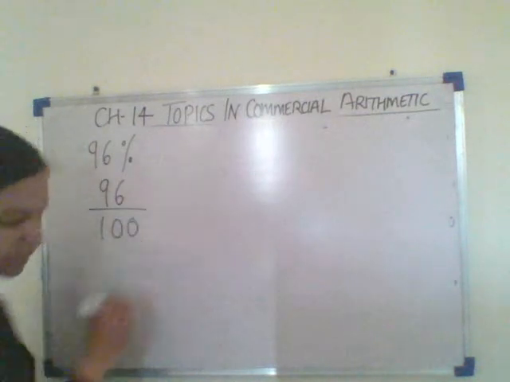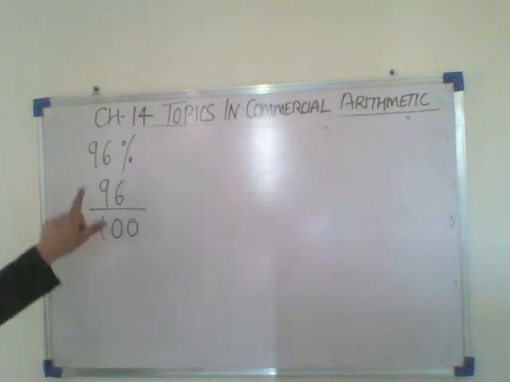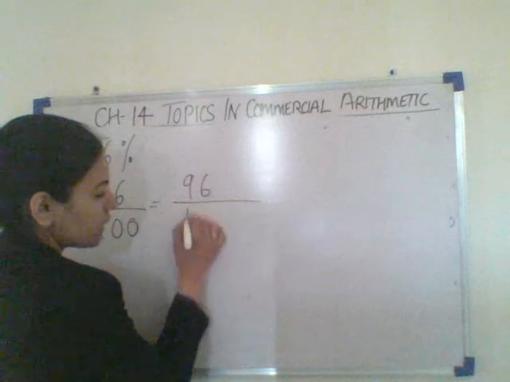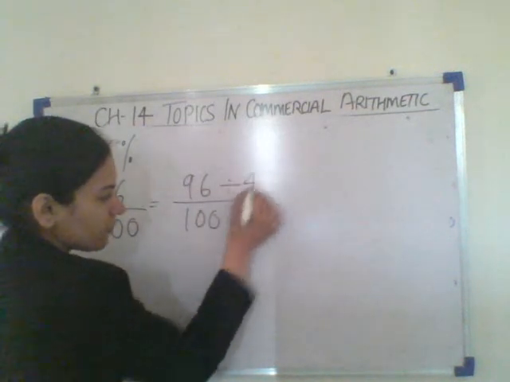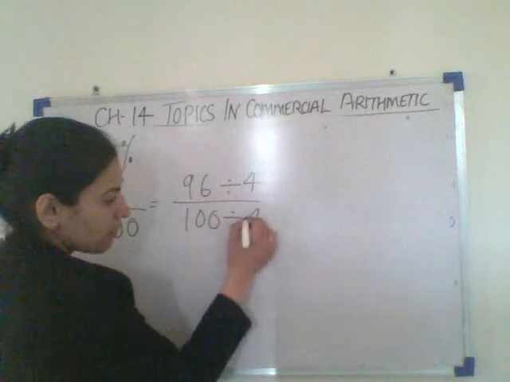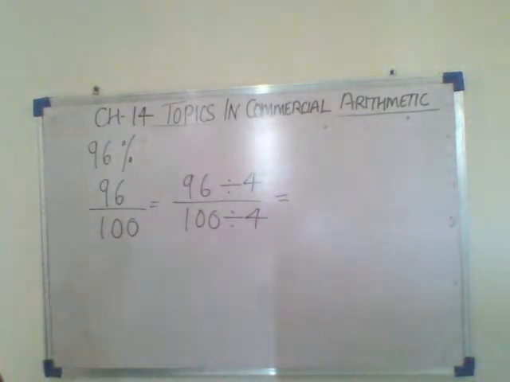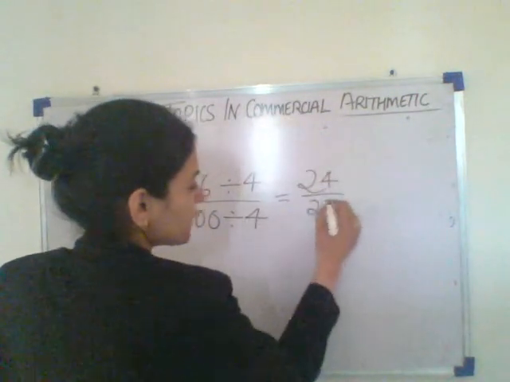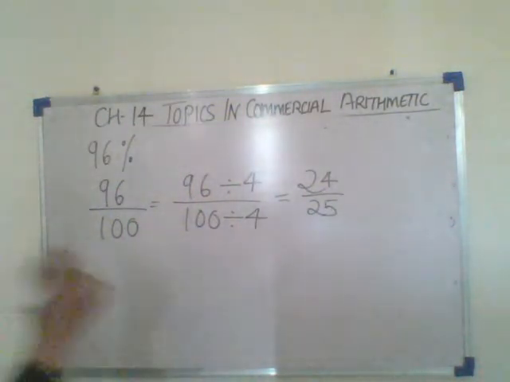Then I have to divide both the numerator and denominator by a common number. Both are divisible by 4. So 96 divided by 4 gives 24, and 100 divided by 4 gives 25. In this way we can write the fraction in the simplest form.